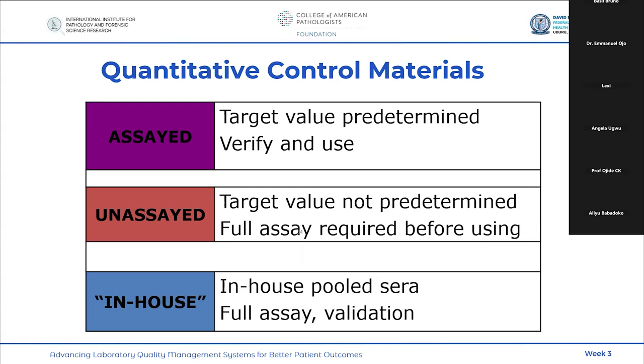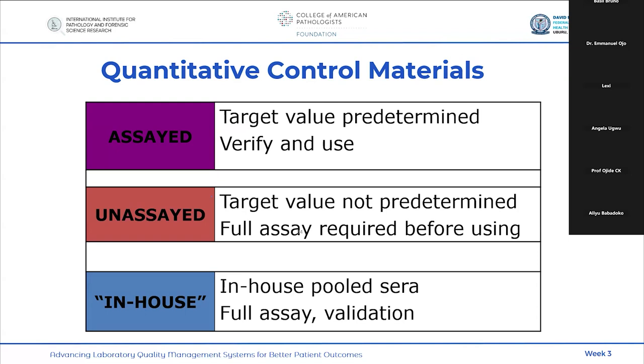So for assayed, it means that the target values, we are going to see the statistics in the other slides that will show the important statistics, which is the mean and the standard deviation. The mean being the target value, it's predetermined by the manufacturer and is provided in the package insert of that quality control. There could also be some cheaper form, which is unassayed.